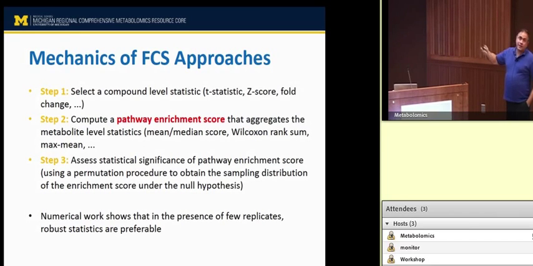Here, for the t-statistic, as I mentioned before lunch, we know exactly, we can go into the tables in the book and find out what is significant, what is not significant. But here, for these complicated pathway enrichment scores, and especially if you take the means, the medians, and so forth, we don't know that, and therefore we need to rely on this idea of the permutation procedure.